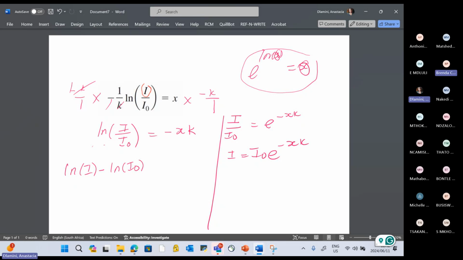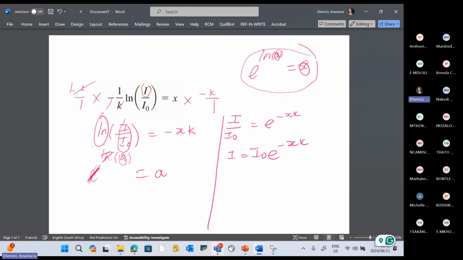In the class we had ln I minus ln I0. I think let's avoid having more steps. Because from here, you were supposed to be able to say that if you raise e to the power of ln of something, let's say a, this will always just be equal to a, because e and ln do not cancel, but because of a property, they disappear and you're left with what is inside.